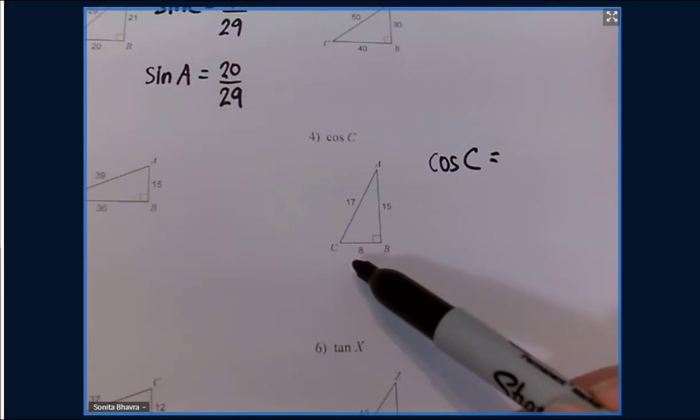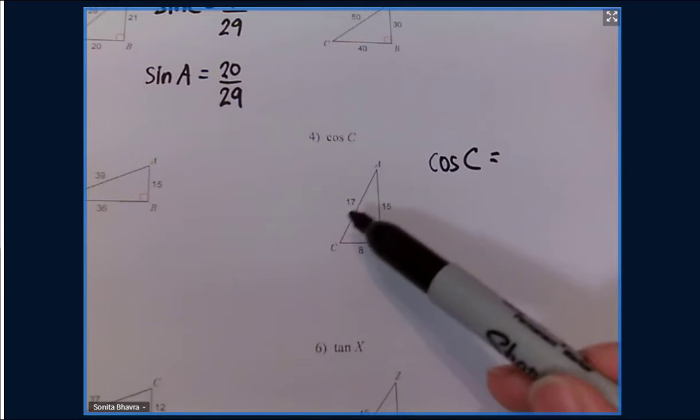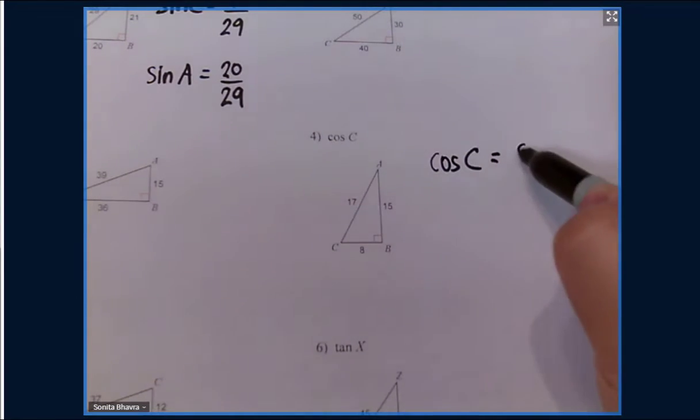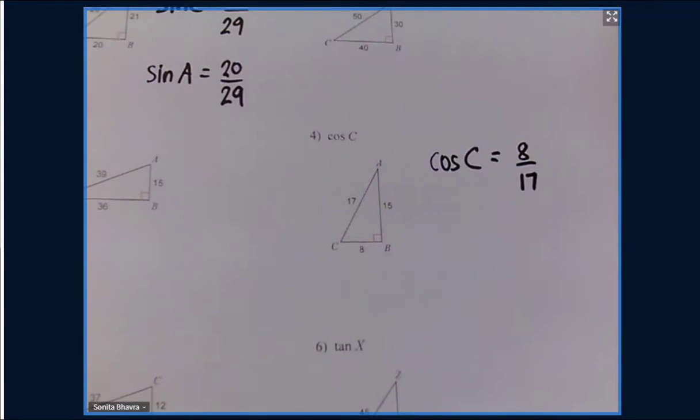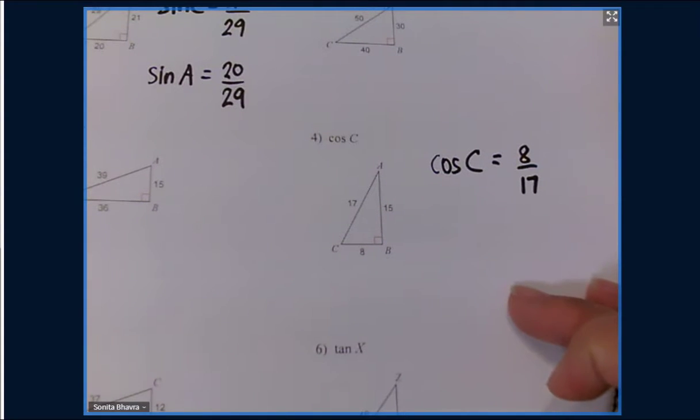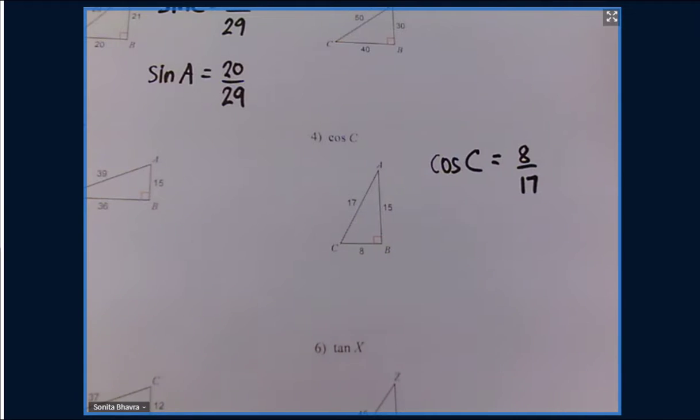Adjacent is 8. Hypotenuse is 17. So 8 over 17 is our ratio. And again, we cannot reduce this any further, so we're just going to leave it as cosine C equals 8 over 17. Again, it's because this question has specifically asked for our answer to be in a fraction in lowest terms. It hasn't asked us to put it into decimal form.